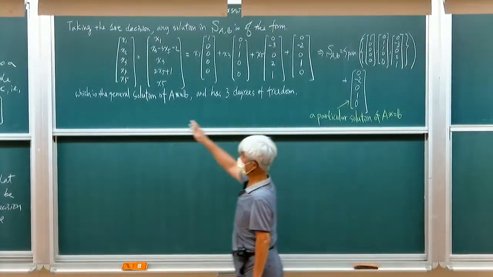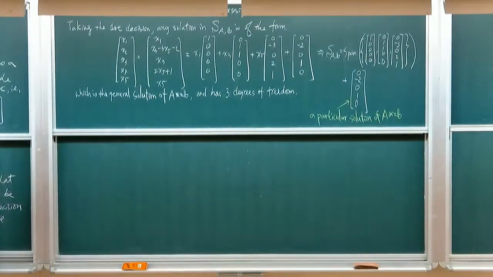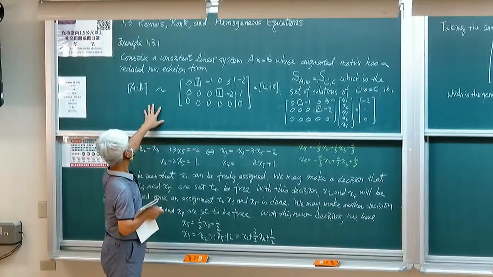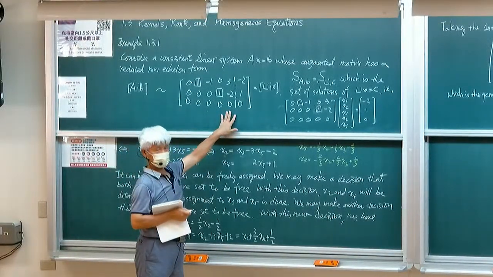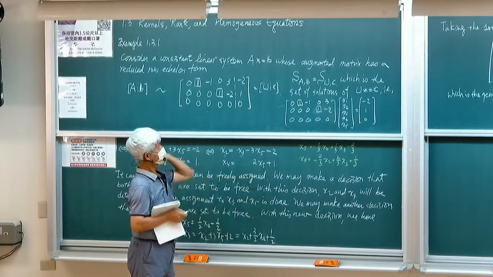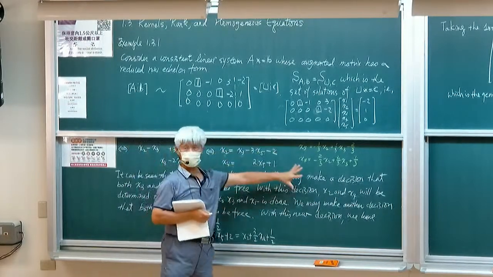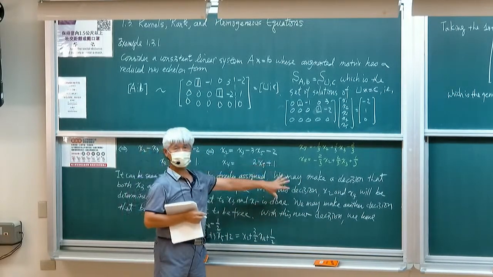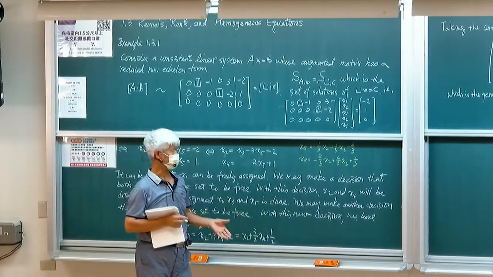So this is just from a simple example here. When we solve a linear system, and if the linear system has a reduced row echelon form like this one, then we can do several different things to get to the general solution.